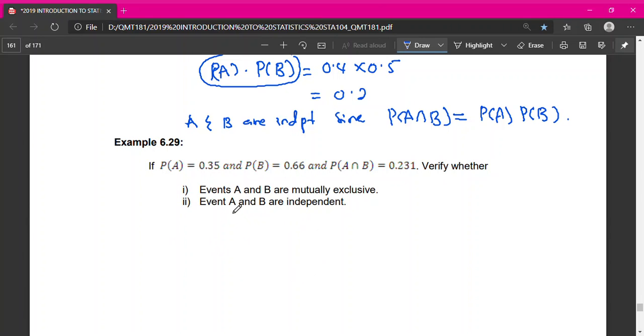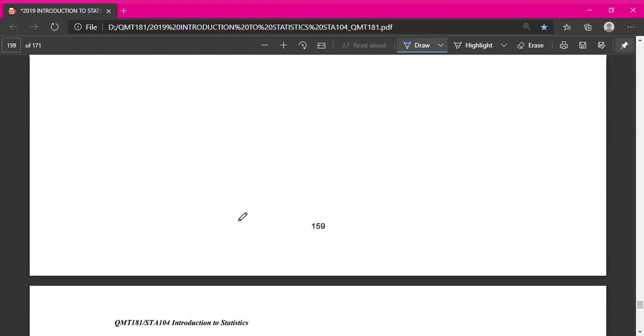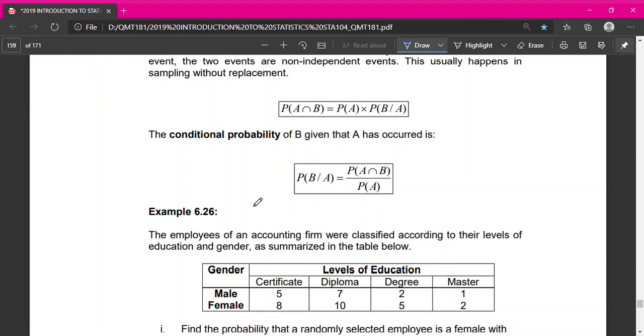Sama macam tadi. Okay, the next one adalah about the conditional probability. Kalau ada notation B given A, ni nama dia given. Kita baca probability of B given A, which is the conditional probability. So, probability of B given A adalah probability of A intersect B divide dengan probability of A. You kena ingat dia punya formula ni.